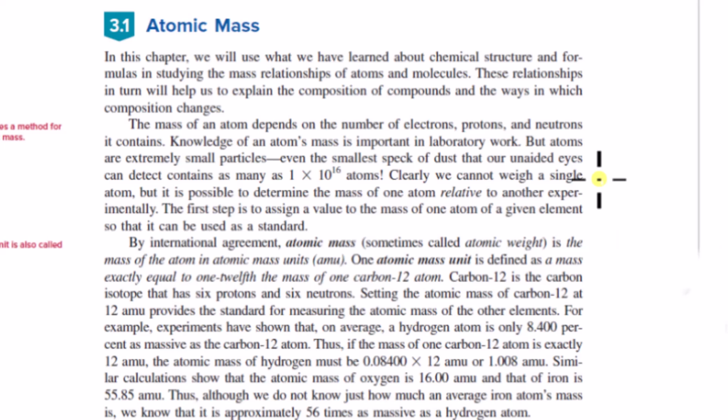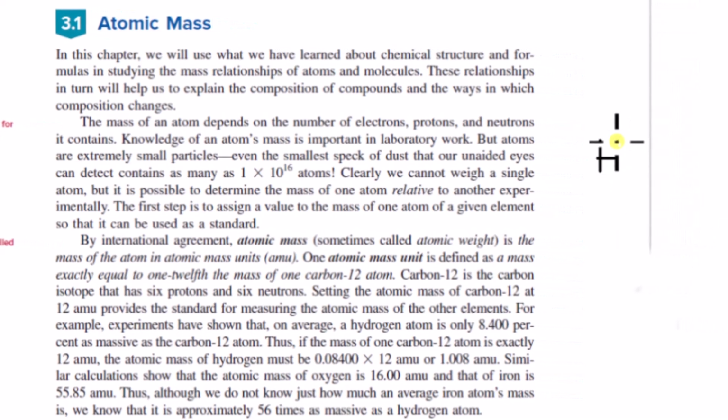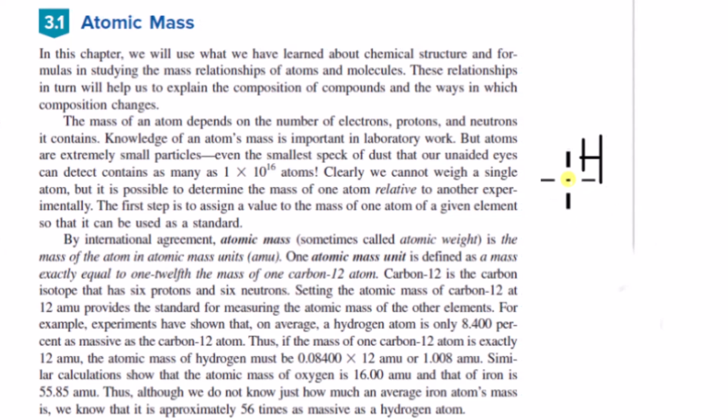Okay, and so what you're doing here, with these relative masses, is you're saying something like, okay, I've got a hydrogen atom, let's say the isotope with mass number 1, so 1 proton and 1 electron, no neutrons.